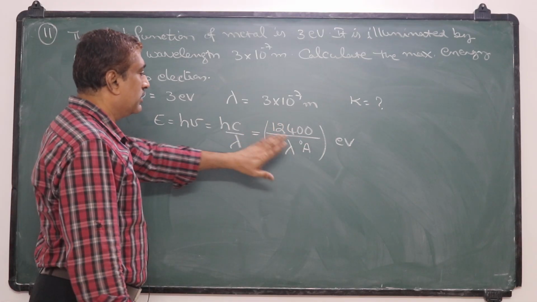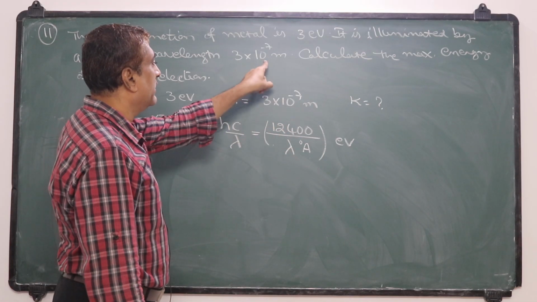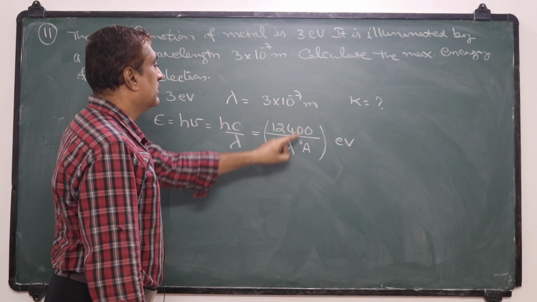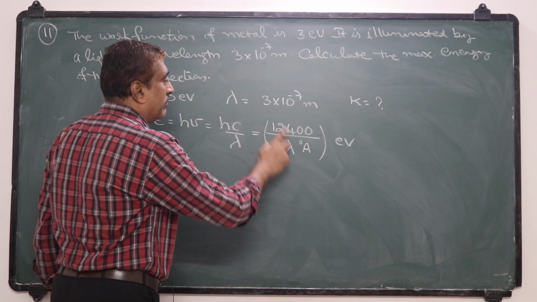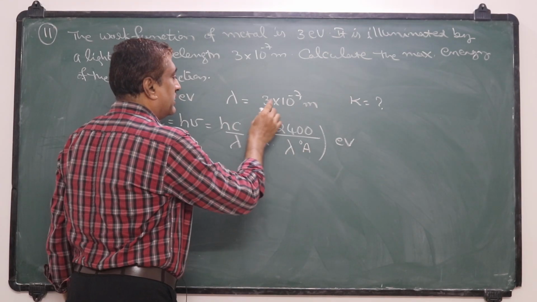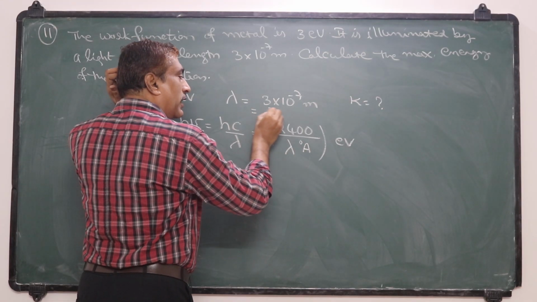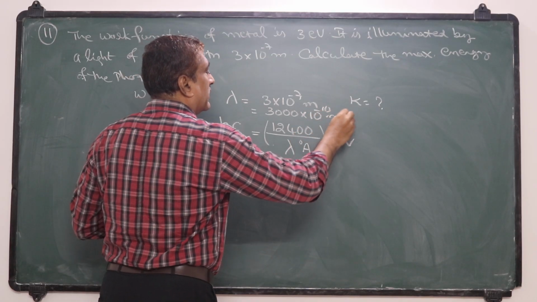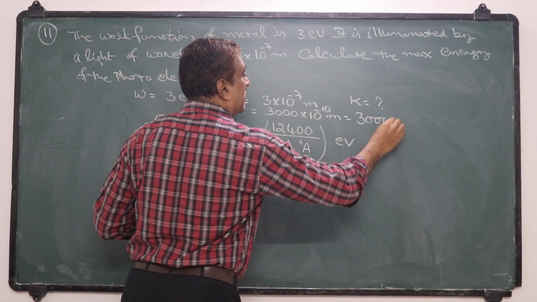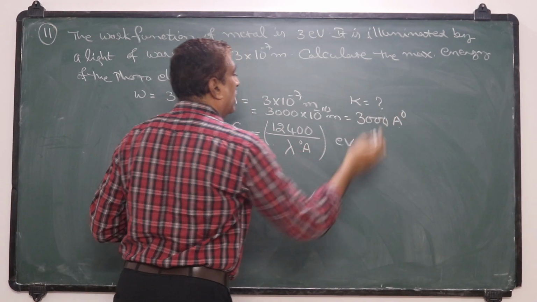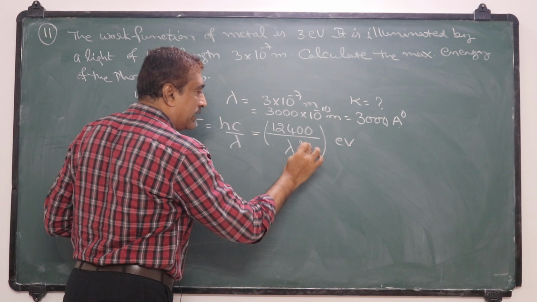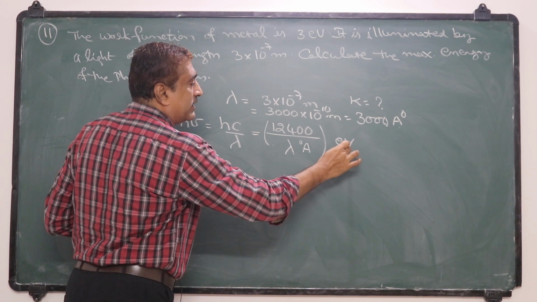So this is the energy of the incident radiation whose wavelength is 3 into 10 to the power minus 7 meter. So now we have to convert this lambda into Angstrom. That means this is equal to 3000 into 10 power minus 10 meter, that is 3000 Angstrom. So we have to substitute 3000 because lambda is in Angstrom, then we will get the energy value in electron volt.